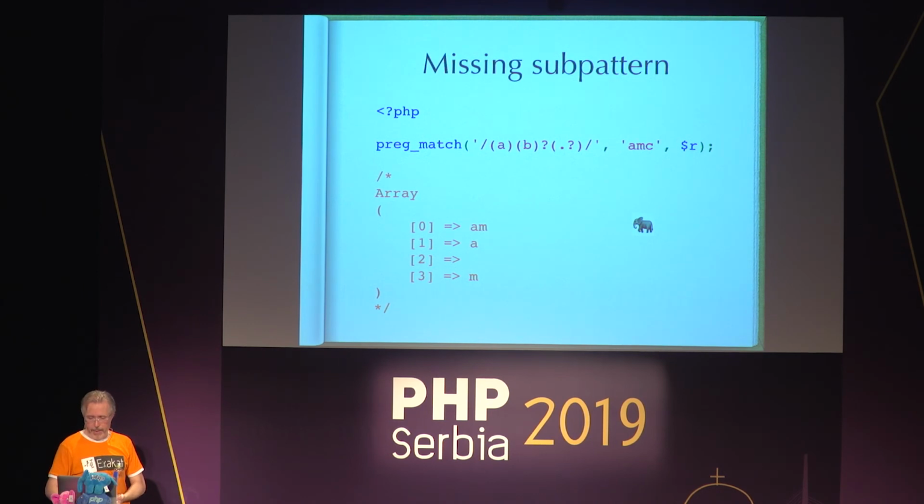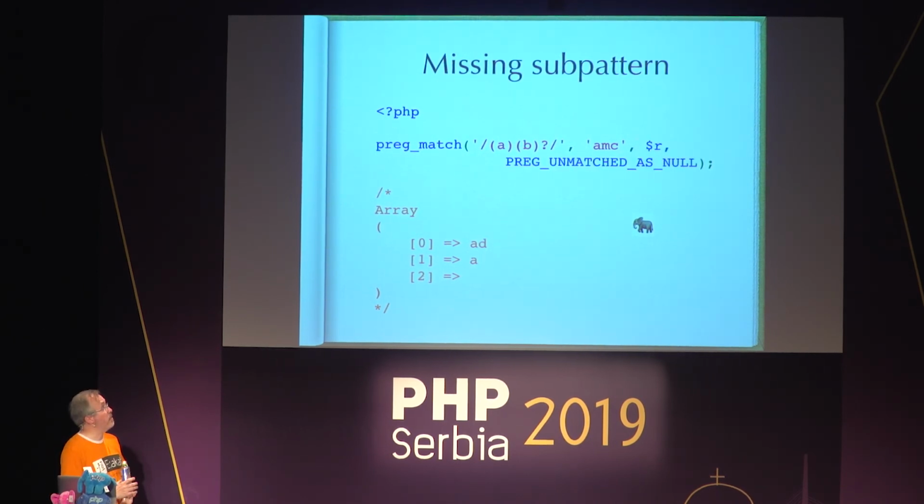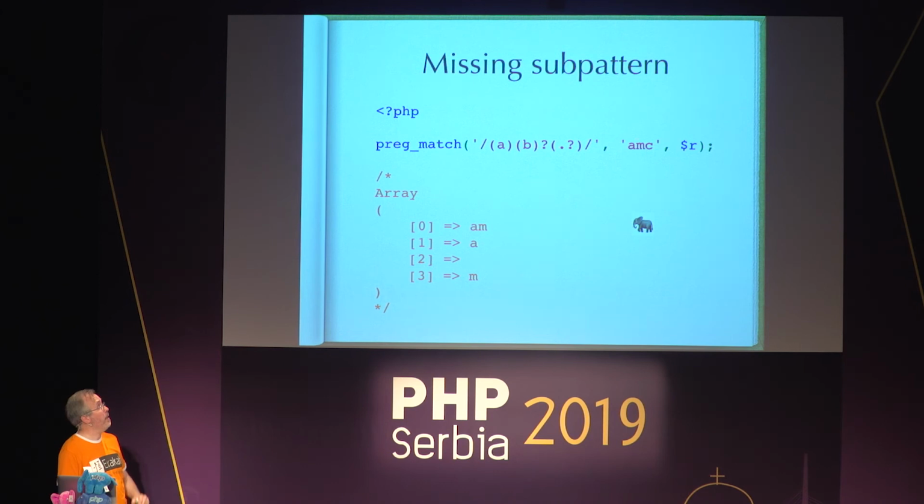The good news is that in 7.4, the user group managed to understand that problem, and we've got a special option for regex where we can say, I always want the same amount of results, even if it's null. So on 7.4, you can solve that problem without changing your regex. Previously, or if you're still working on 7.3 or older, then you have to put this final element. Okay?